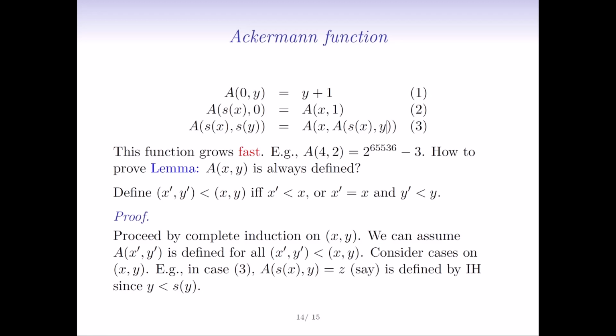And that means that by assumption, a of sx and y is defined. And so since x and this guy are defined and x is smaller than sx, you know that a of this guy is defined as well. So I'll let you fill in the gaps there, but yeah, we can show this by complete induction.